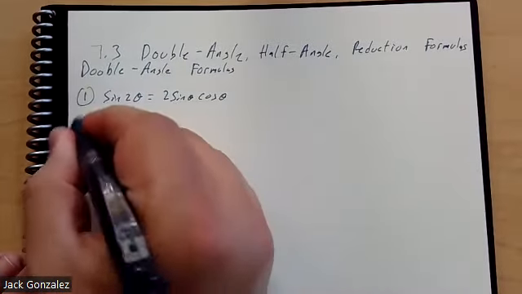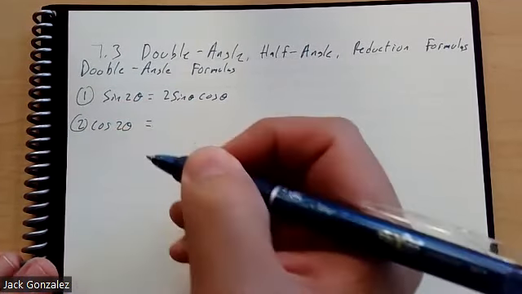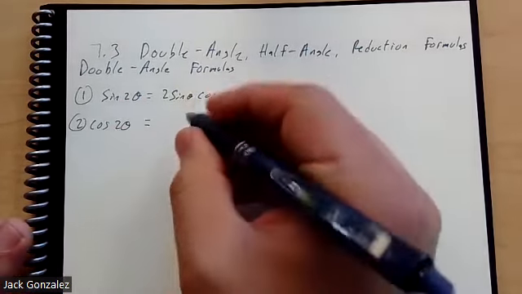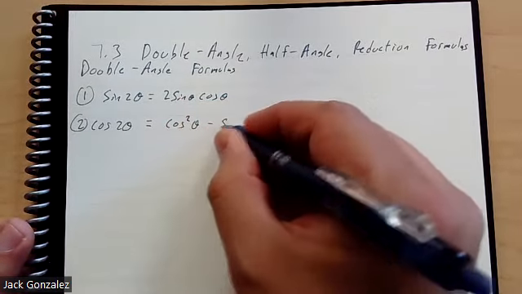Number 2 is cosine 2 theta. This one has 3 different forms, so you can use either one, doesn't matter. Sometimes using a specific one is easier than the other.